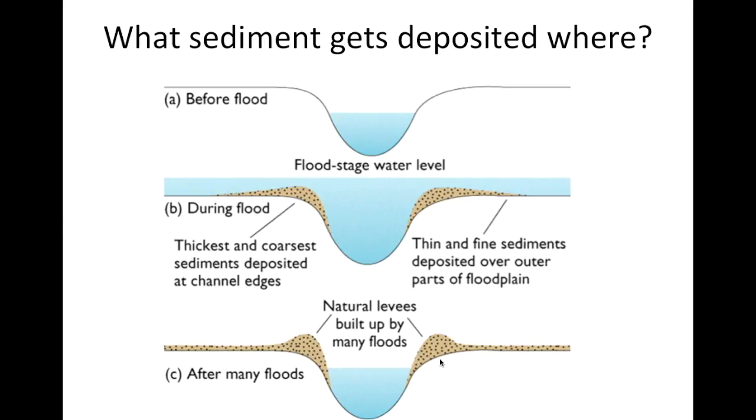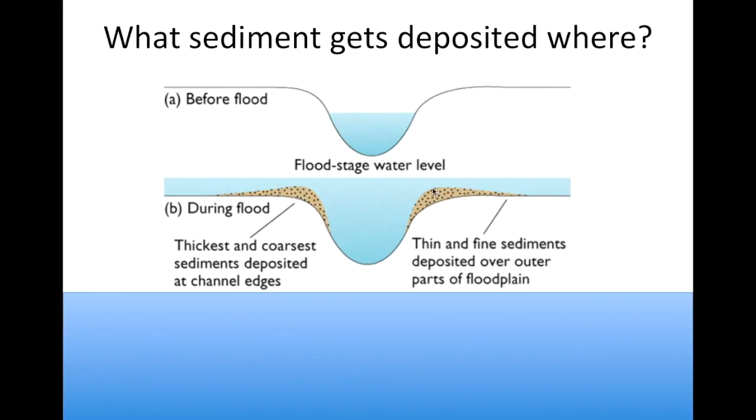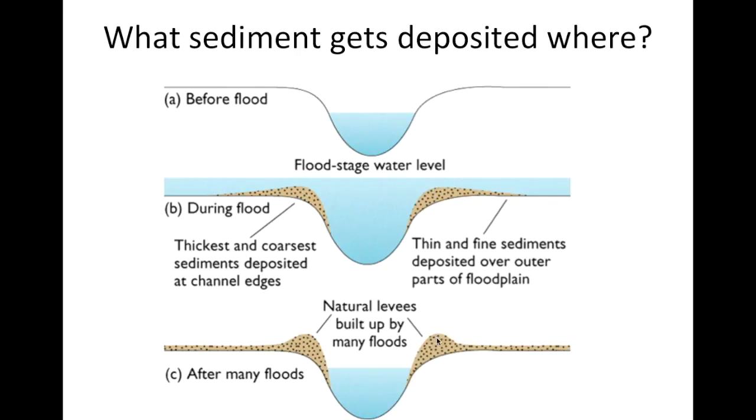So if I drill anywhere in the river area of the Netherlands and I find sand, then I know that I'm drilling into a natural levee close to the actual bedding of the river. There used to be a river there. And if I find only clays, then I know that I'm very far away from the river bed.